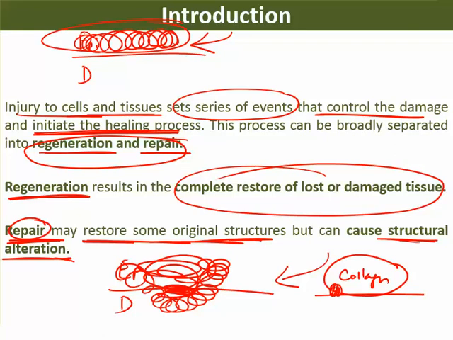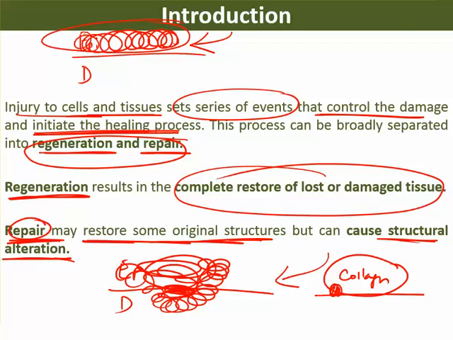So what I want to tell is, if the injury is superficial, if the injury is only happening at the epidermis, it completely grows back. That is regeneration. If the injury is deep, I will show you the pictures, you will understand more.